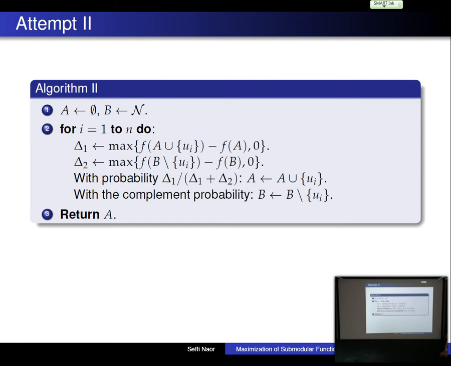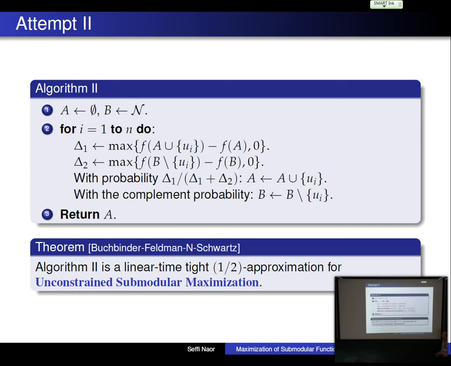So the algorithm is, this is the interesting line. If both delta 1 and delta 2 are non-negative, then we'll choose with probability delta 1 over delta 1 plus delta 2 to pick A, and with a complementing probability, we'll pick B. Turns out that in expectation, this algorithm is going to give us a half approximation.